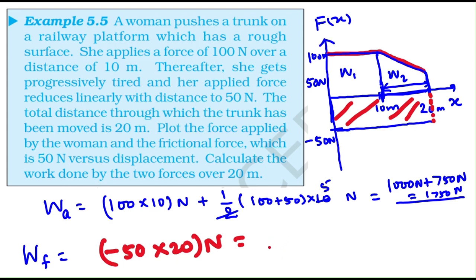So this will be minus 1000. Work done is in Joule, of course. So work done by the woman is 1750 Joule, and work done by the friction force is 1000 Joule, which is negative. Okay, coming back to our discussion, the work energy theorem for variable force.